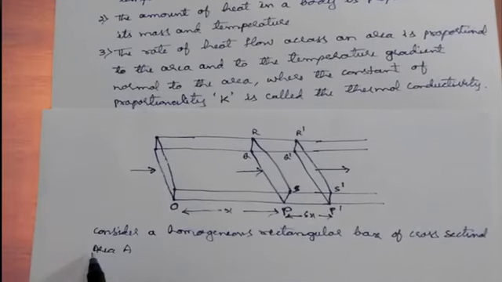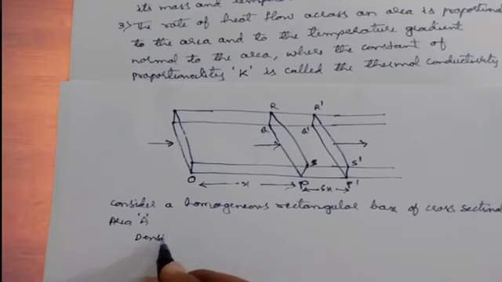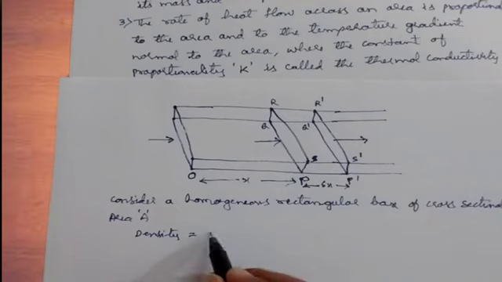I'm taking the cross-sectional area to be A, and let us take the density of this rectangular slab to be rho.